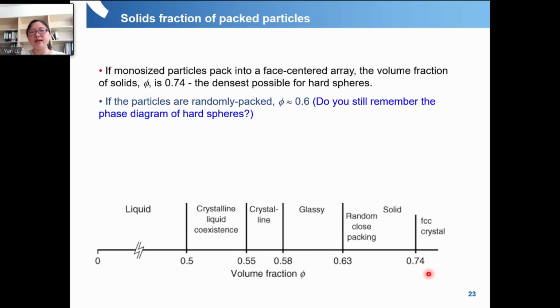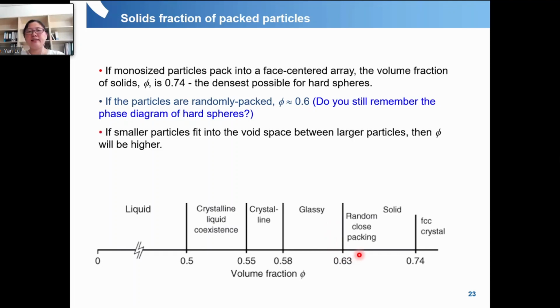And if the particles are randomly packed, as I mentioned, they normally have a volume fraction around 0.6. Of course, here you can think about fitting the voids between these large particles with some small particles. That is one possibility to increase the volume fraction of the system.